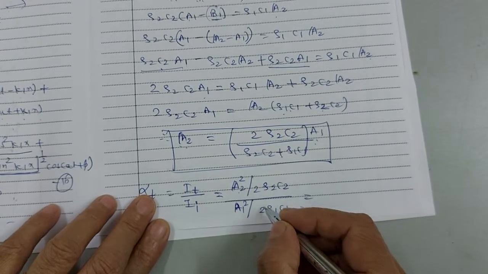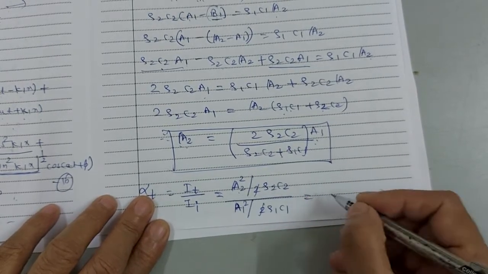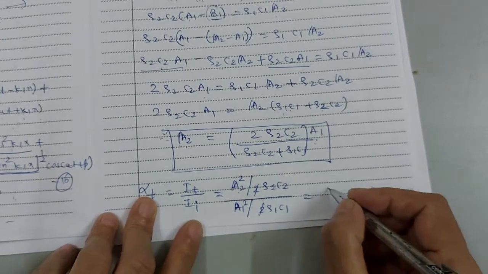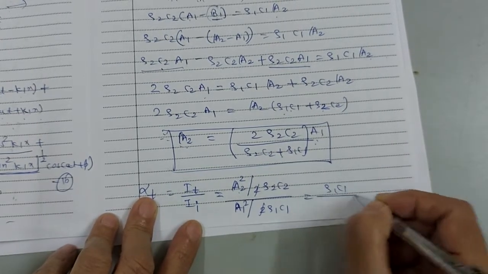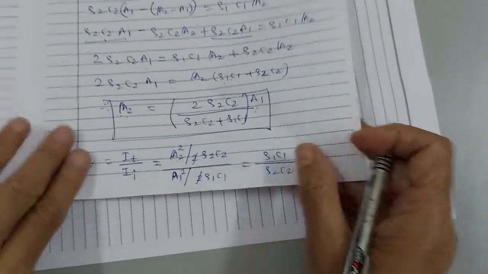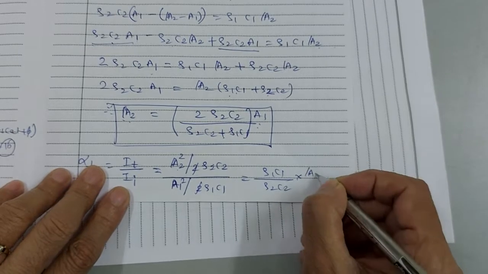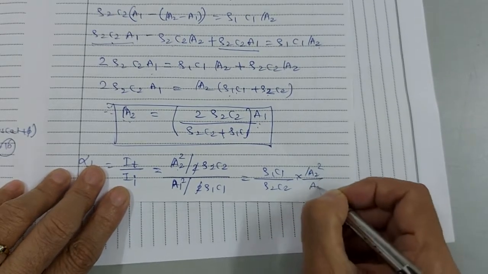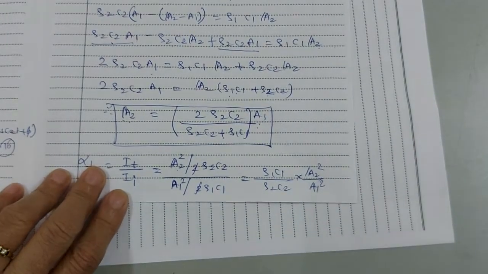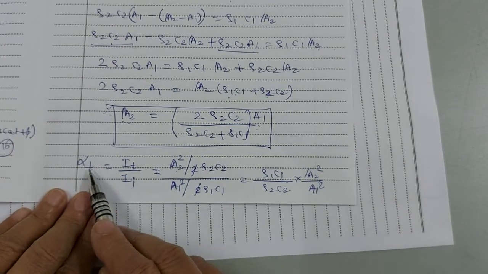If I cancel the 2, I get rho 1 C1 divided by rho 2 C2 into A2 square divided by A1 square. This is the expression for alpha t.